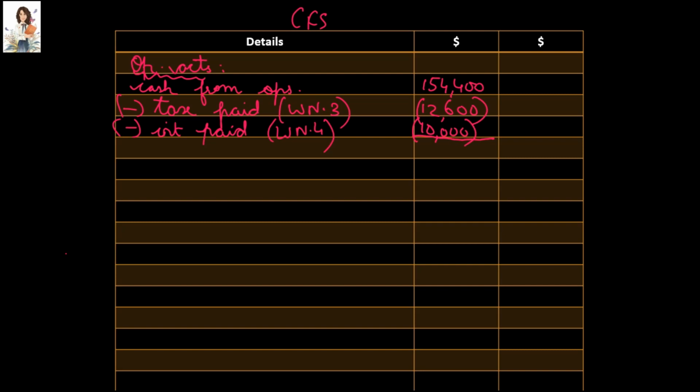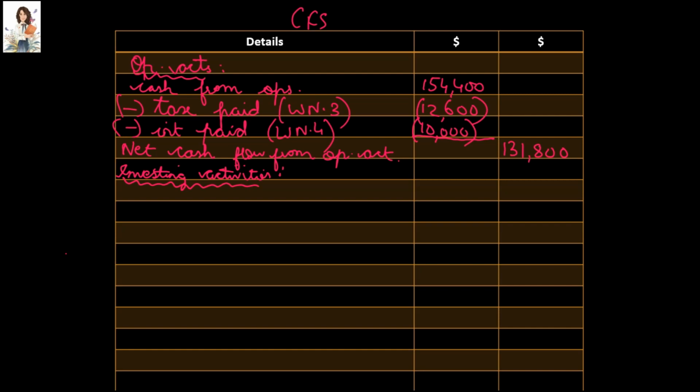So now we can compute the net cash flow from operating activities. That is 131,800. After this, we go on to the second part, investing activities.